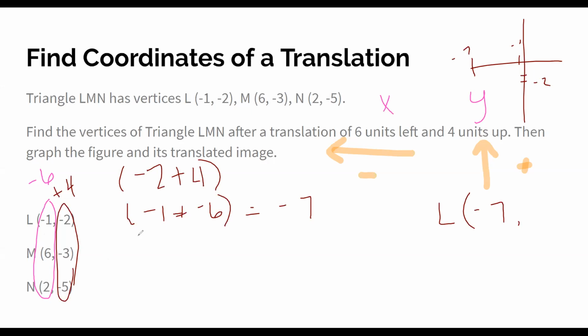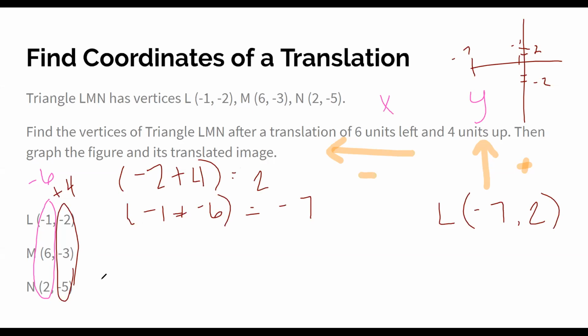Or you can look at a graph. If I'm moving up 4, I'm going 1, 2, 3, 4. So I'm now at +2. It would be the same way over here: 4 minus 2 is 2, and the 4 is the bigger number, which is positive. So my answer is going to be positive. So my new L would be -7, 2.